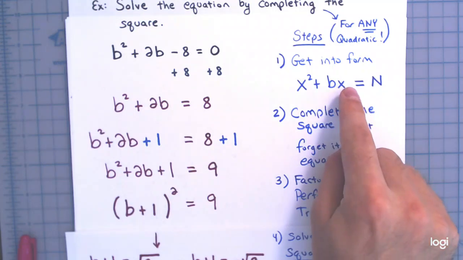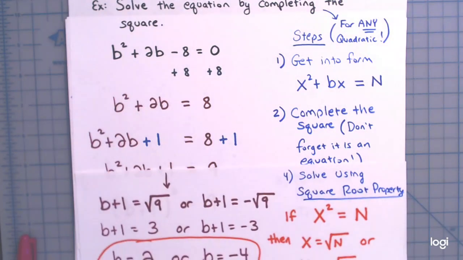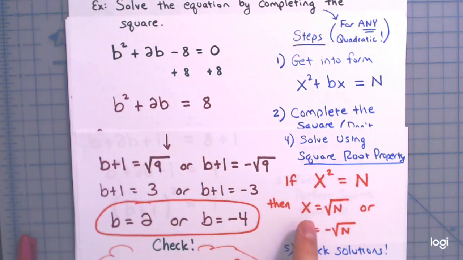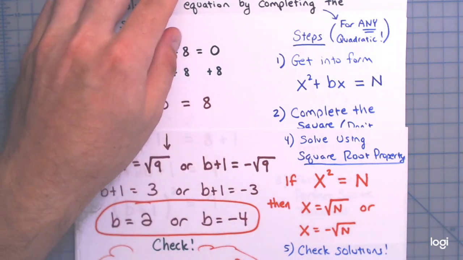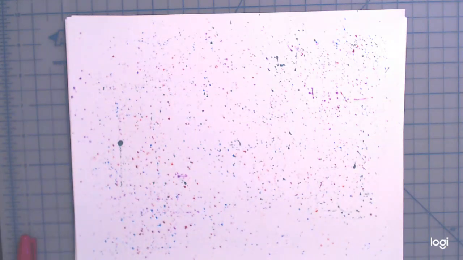Then after adding, you'll have a perfect square trinomial. You'll have completed the square. Factor that, write it as a square, like this b plus 1 squared here. And then you solve using the square root property. Break up your quadratic equation into two separate linear equations and solve those, and of course check your solutions back in the original equation. All right, so let me do that. I have several more examples here.